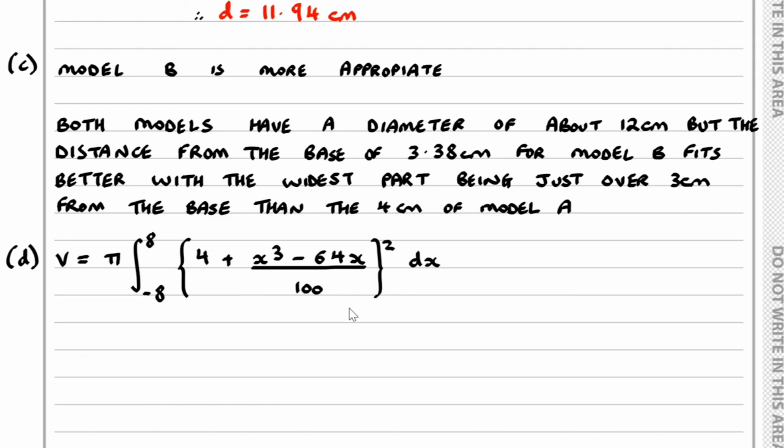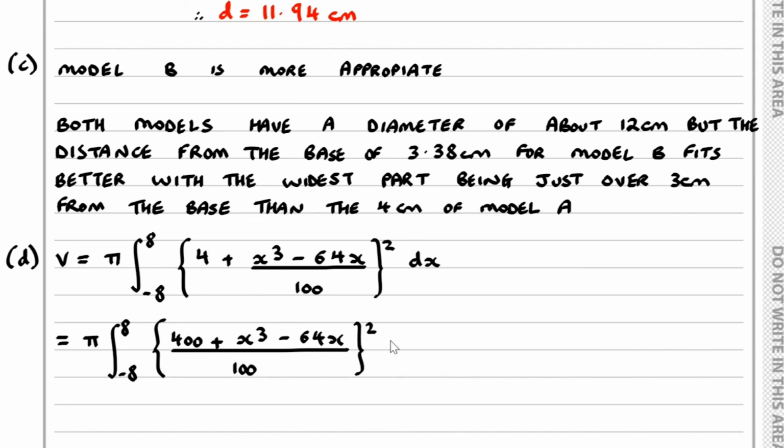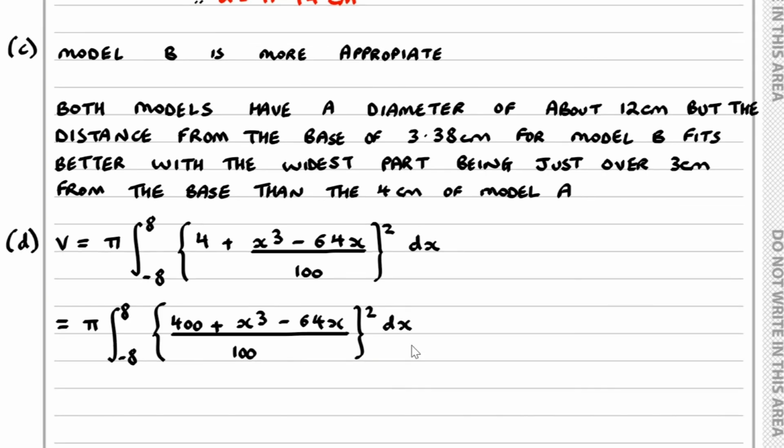So if I rewrite this, I've got pi times by the integral from minus 8 to 8, and then here I've got 400 plus x cubed minus 64x over 100 squared dx.